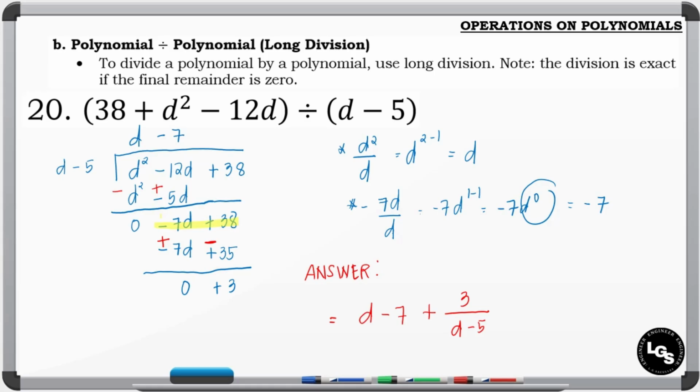So in writing the remainder, we need to divide it by the divisor. So take note, for the final answer of division, write the quotient. The quotient is the terms that are found at the top of the division sign, plus the remainder.